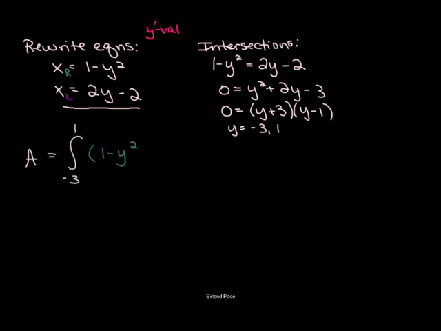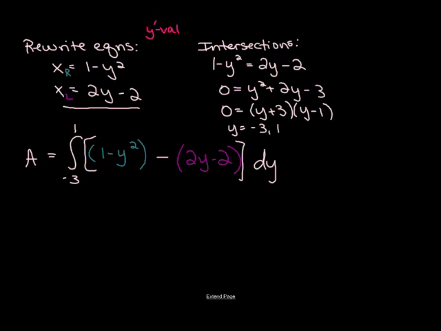So 1 minus y squared, and my x left equation was the line, so that was 2y minus 2. And we are integrating with respect to y. The length of the base was dy. Okay, so there's my area equation setup.